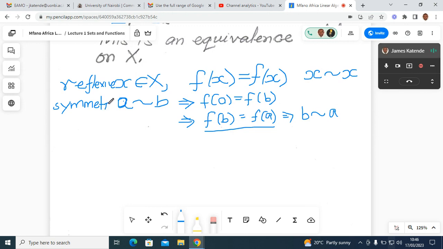Now we need to check that it is transitive. So for transitive, we need to work with the following assumption.